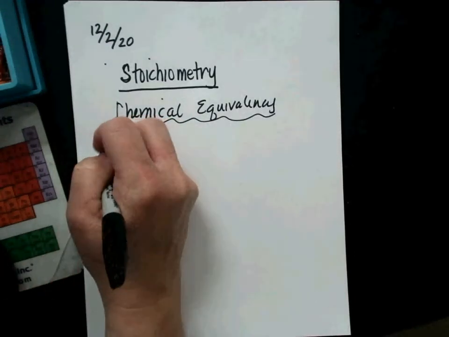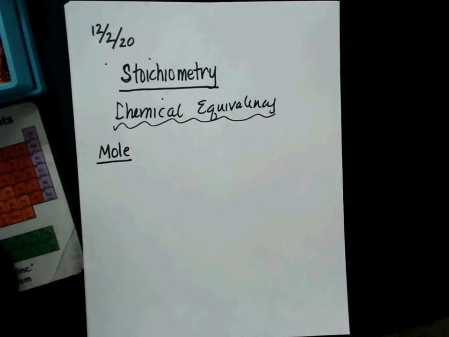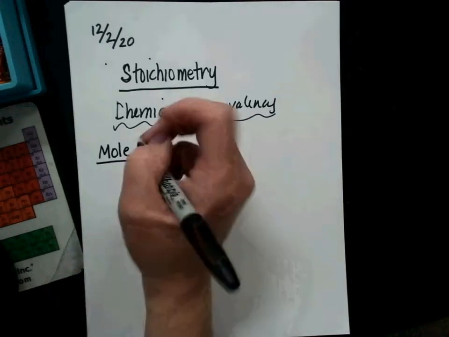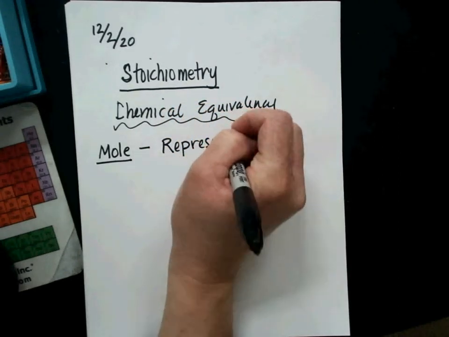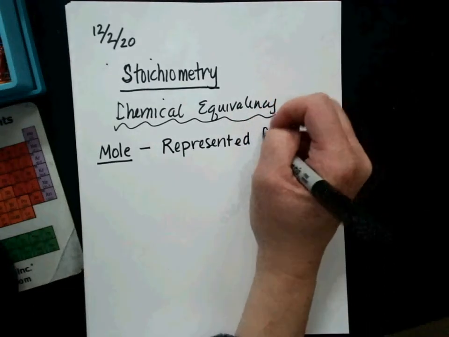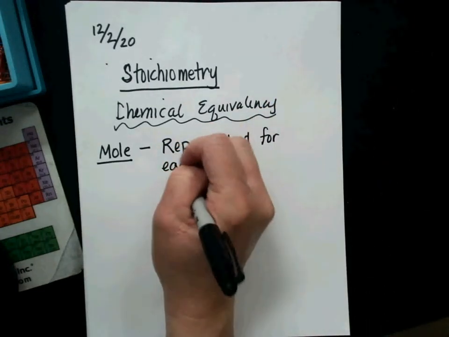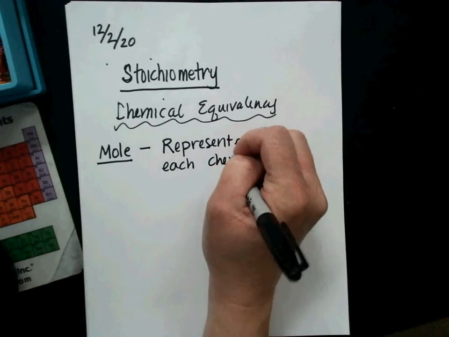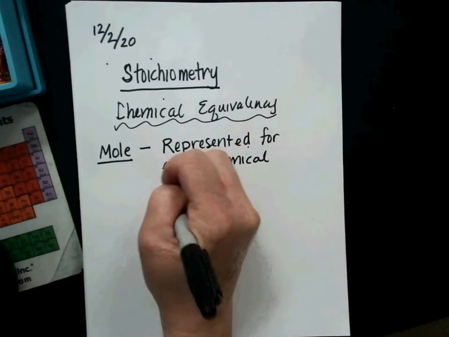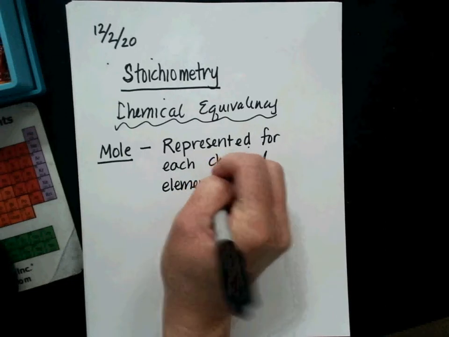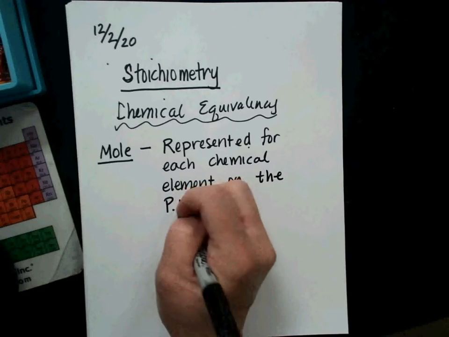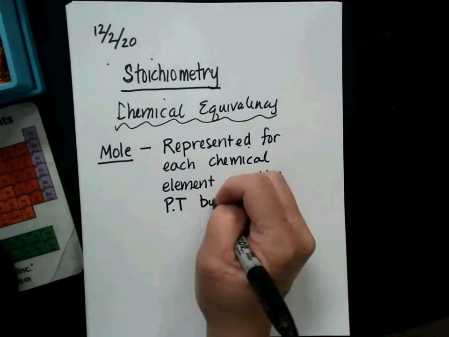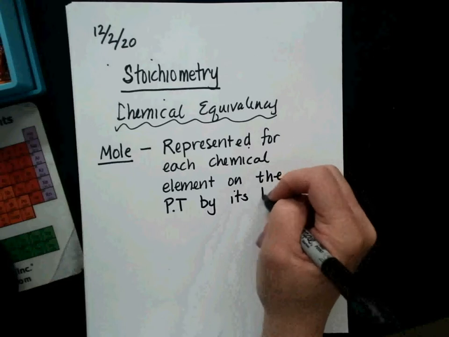We're going to review mole because we did it really quickly last time and I just said the word, we didn't talk a lot about it. A mole is represented for each chemical element, let's say on the periodic table, by its box.